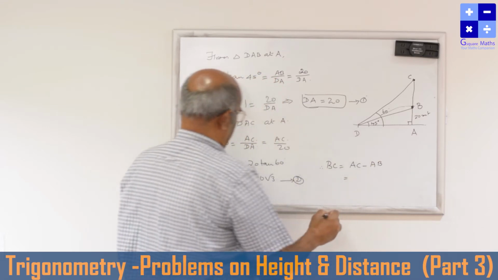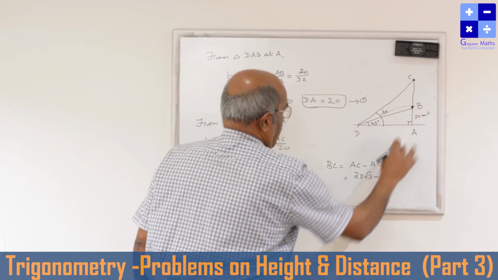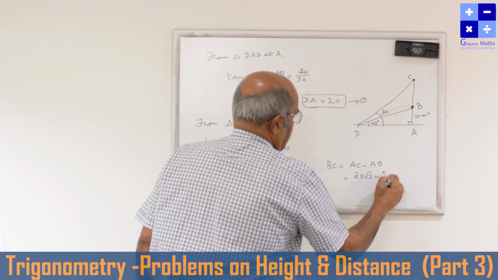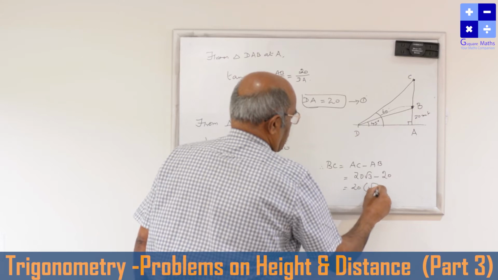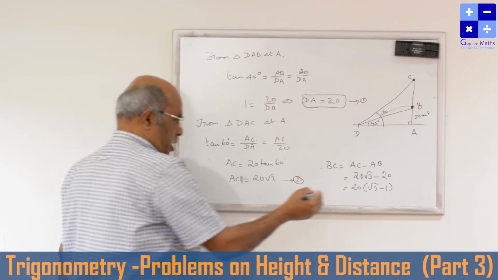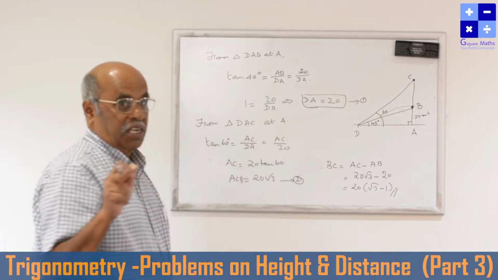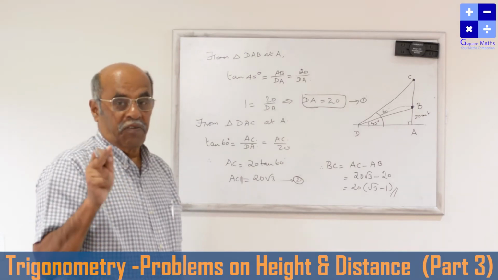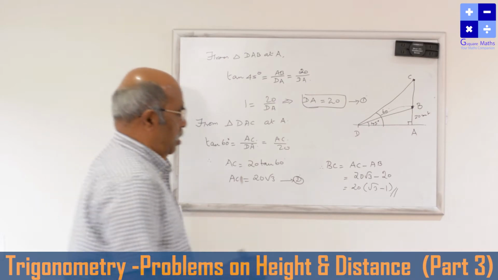AC we calculated as 20 root 3 and AB is already given 20. Take 20 common out, root 3 minus 1. You can stop the answer here itself if the root 3 value is not given. If the root 3 value is given as 1.732 in the problem, go ahead and substitute.